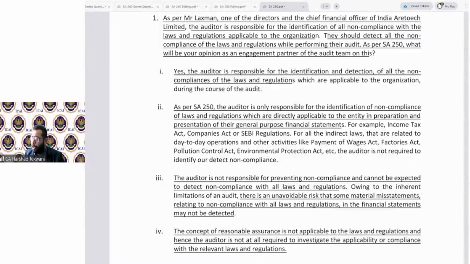You need to select the appropriate option and specifically look into whether it is required or not.